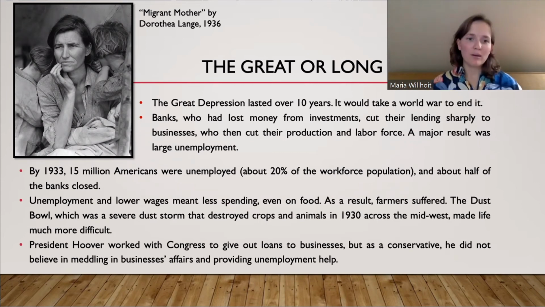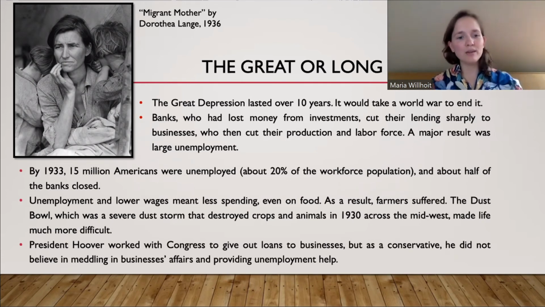It's terrible. And one of the results of this, decrease in employment, decrease in business, it meant a decrease in wages, of course. And this means a decrease in consumer spending and even spending on food. And this affected farmers who are already having a difficult time. Farmers suffered because now people don't want as much food. The demand isn't there.